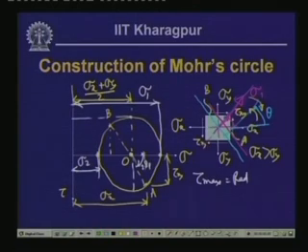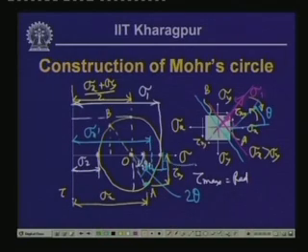Since this is the reference plane, from this particular plane we move in an anti-clockwise direction, the same as that of the physical plane, by an angle of 2 theta, this is 2 theta, then the point which we get on the periphery of the circle represents this particular plane, and the corresponding stresses represent the normal stress, and this represents the shearing stress.